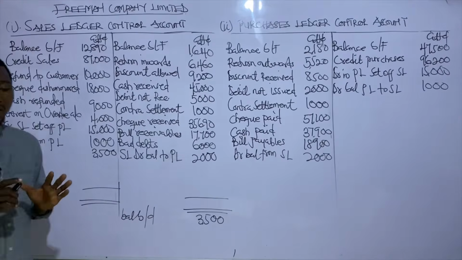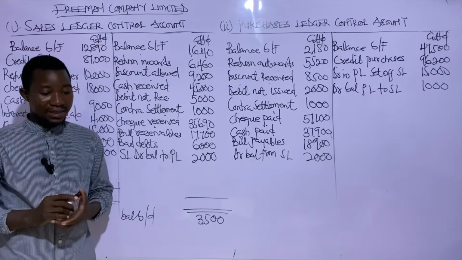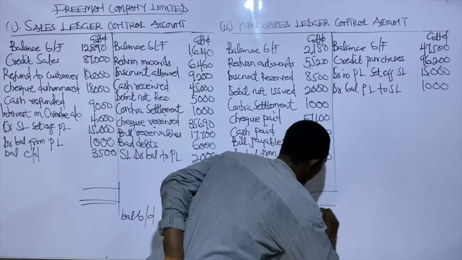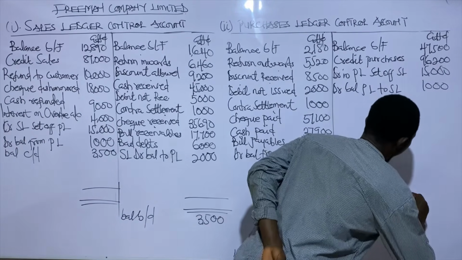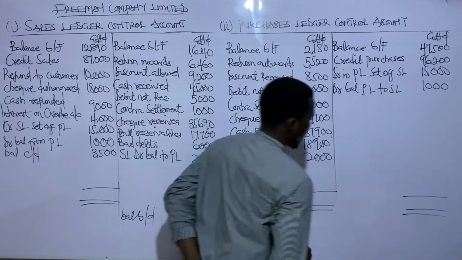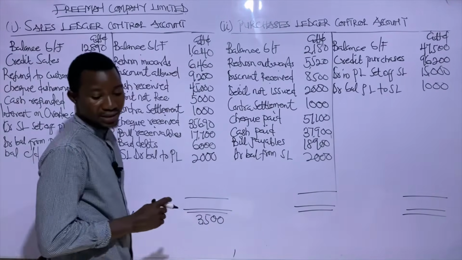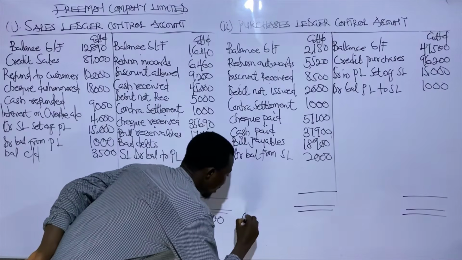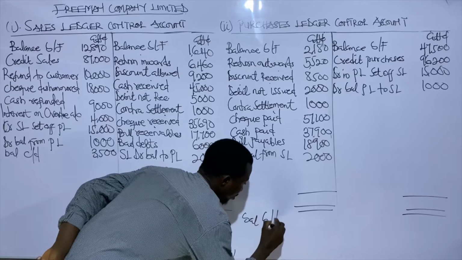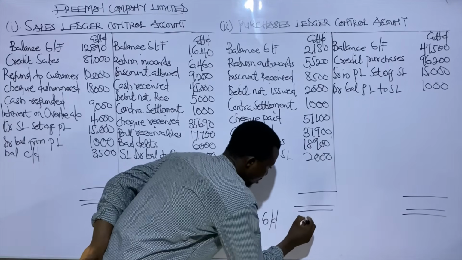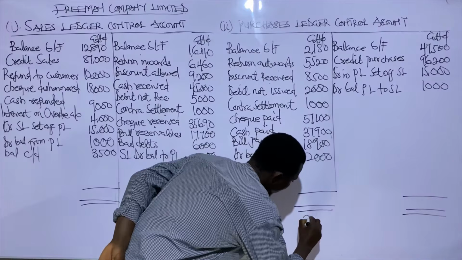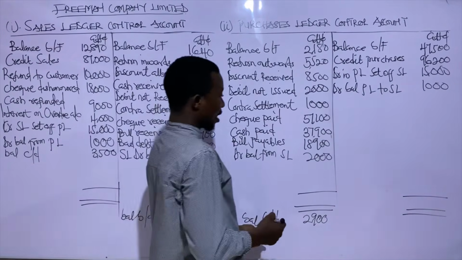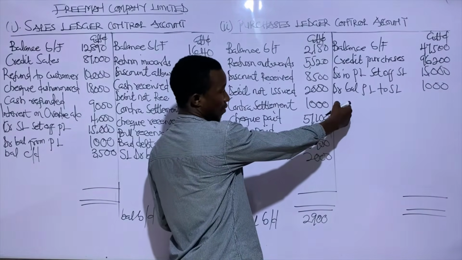Good. The next item is a debit balance in the purchases ledger. We have to close this account too. So from the question, a debit balance in the purchases ledger, we are talking about balance brought down, the closing balance, and the amount is 2,900, meaning that there is a balance carried down over here.